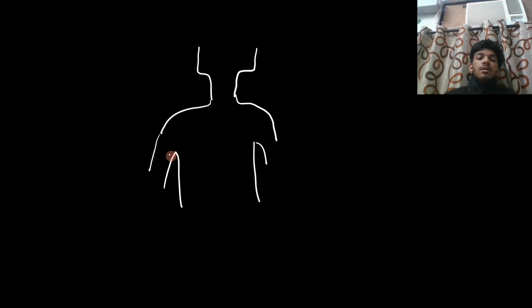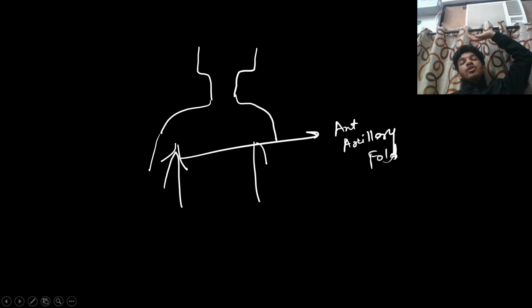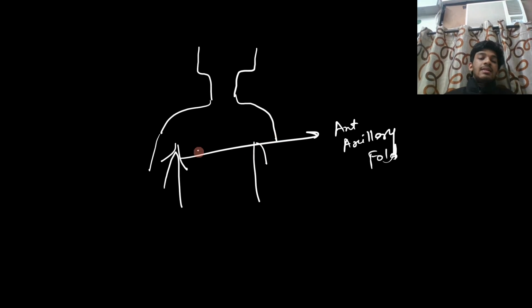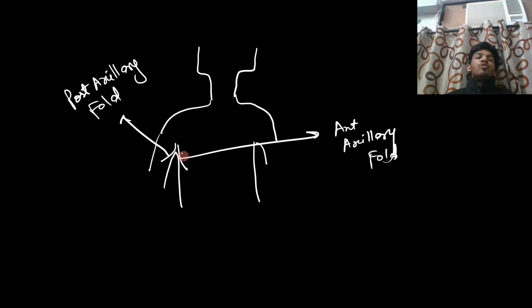You will make an axillary fold like this. This is an anterior axillary fold. If you abduct your arm like this, you will be able to really appreciate the anterior and the posterior axillary folds. Right now I am just showing you in a diagram, but if you do it on yourself, you will be able to identify which are the anterior and posterior axillary folds.